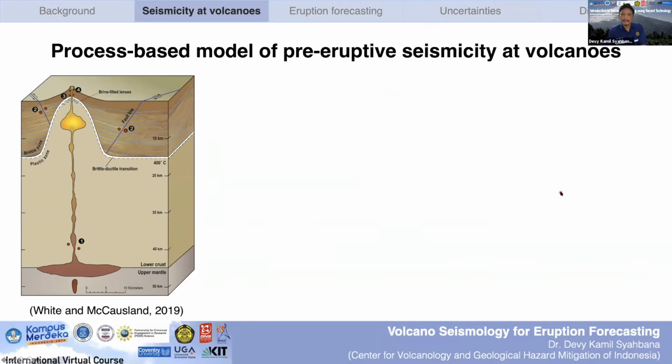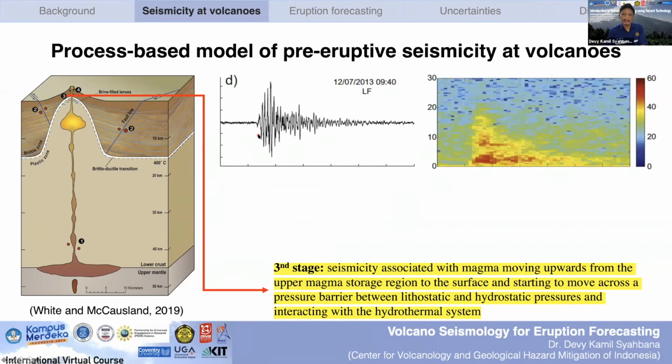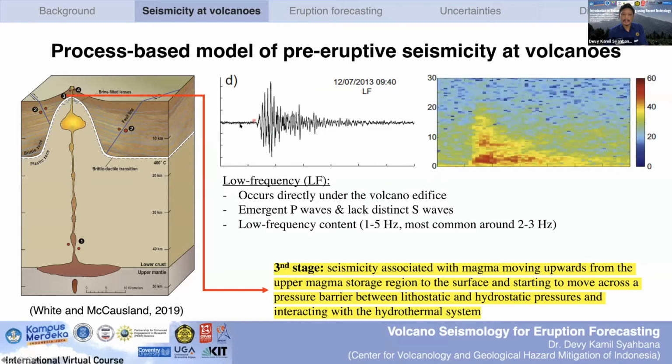The other one is the low frequency events. Unlike the other events, this event has an emergent P wave arrival. So it's not impulsive like the volcanotectonic events, but it has emergent P waves and a lack of distinct S waves.